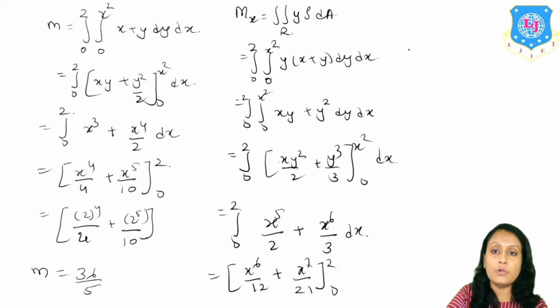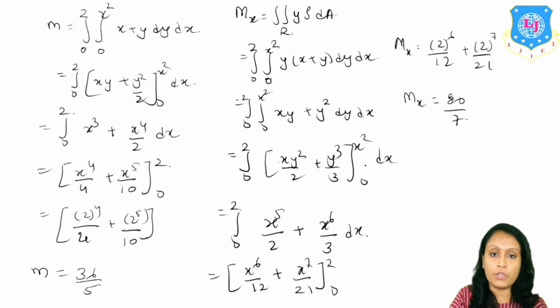Substitute the limit. You will get Mx as 2 raised to 6 upon 12 plus 2 raised to 7 upon 21. If you substitute 0, this will be 0, and on simplification you will get the answer of Mx as 80 upon 7.